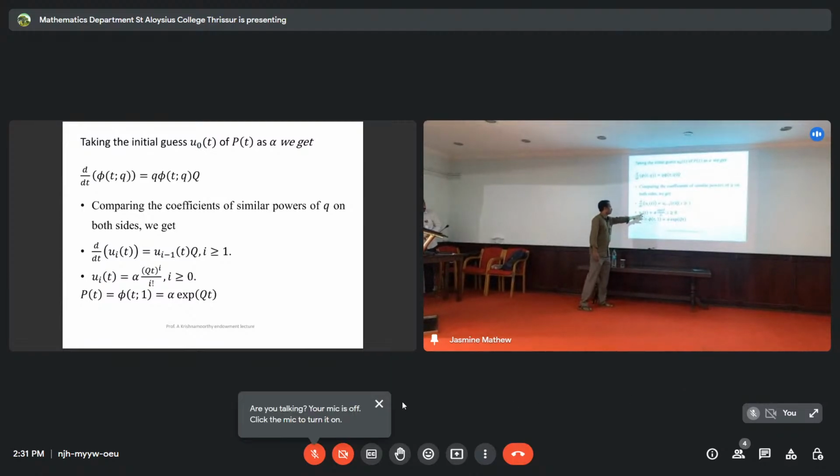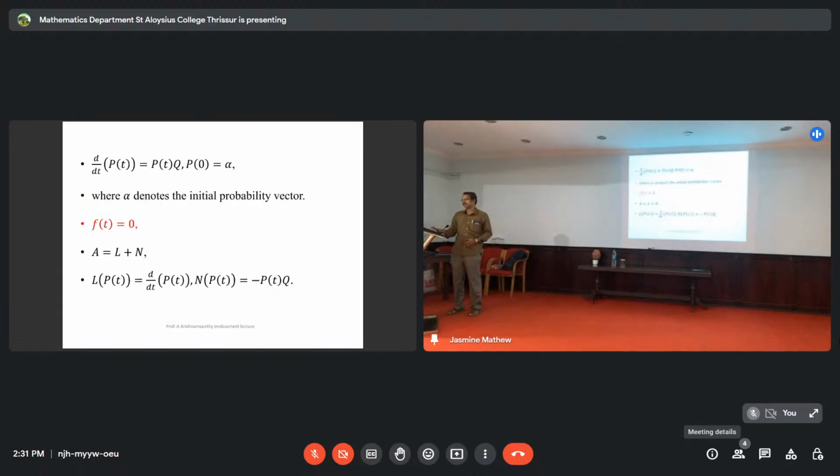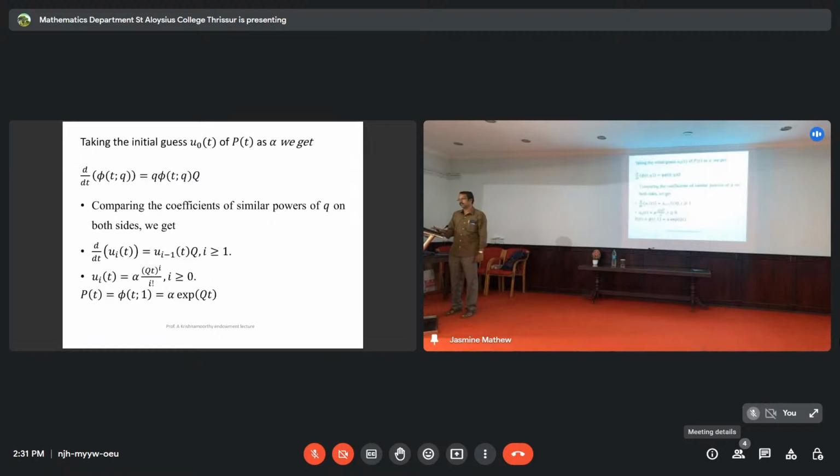If you remember, phi(t, 1) is u0 plus u1 plus etc. When we substitute for u_i as this, we can say that the solution is alpha e to the power Qt, which is the solution of the differential equation d by dt of p(t) equal to p(t) multiplied by Q. So we find out that the general solution of a continuous time Markov chain can be obtained using this HAM method.